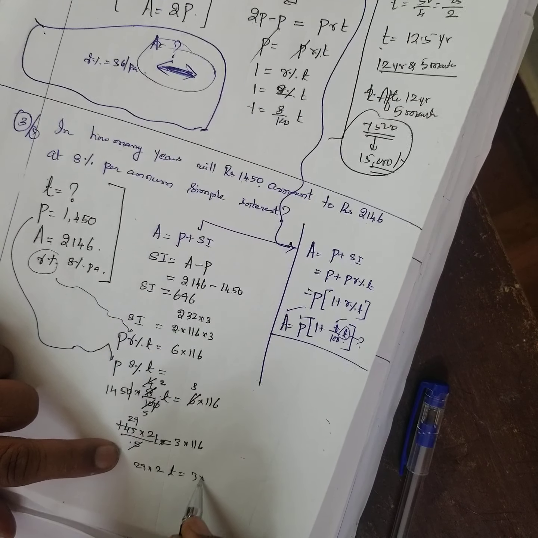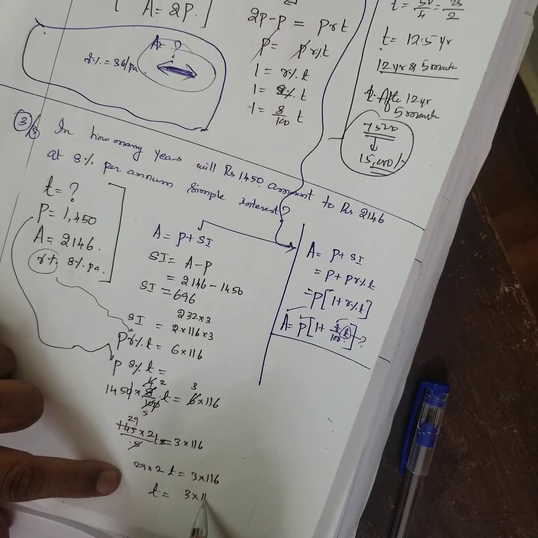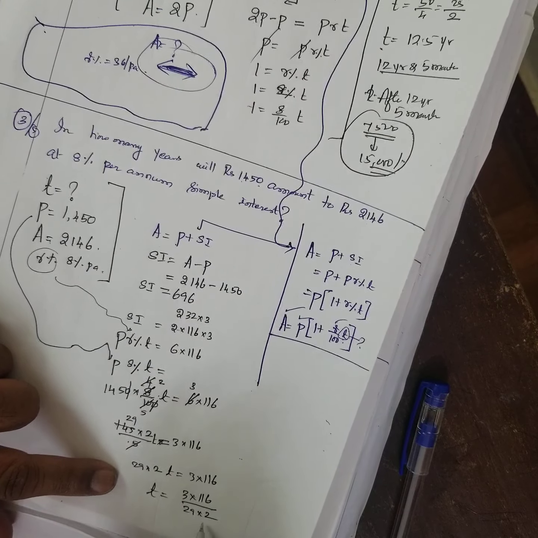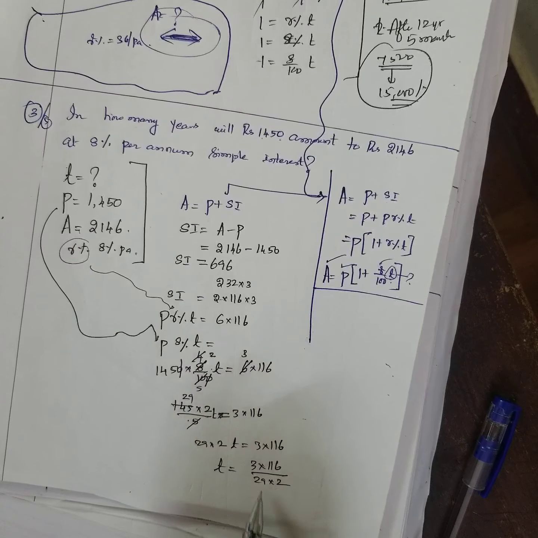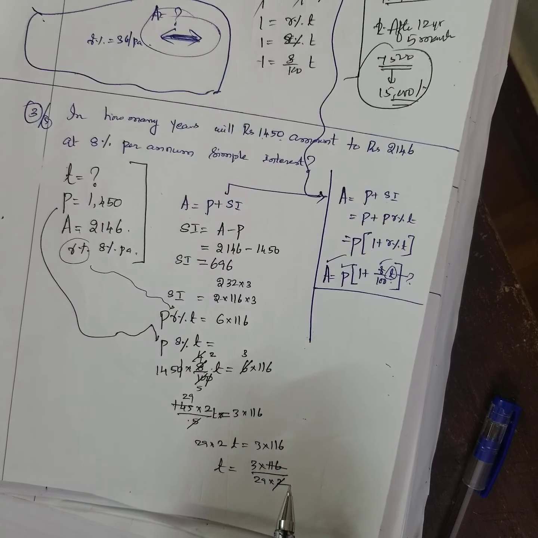T is equal to 3 into 116 by 29 into 2. This calculation, simple calculation, you have to sit and do. So 29 to how many times? 116.